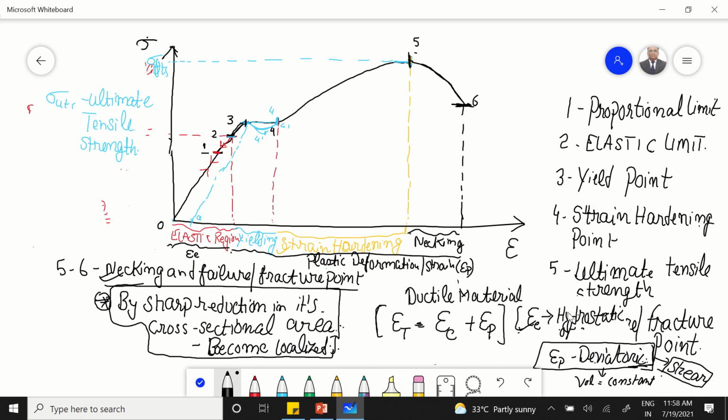But in case of the hydrostatic component, there is always a volume change. So we will see that hydrostatic components are due to the normal component of stresses, and deviatoric components are due to the shear stress components.